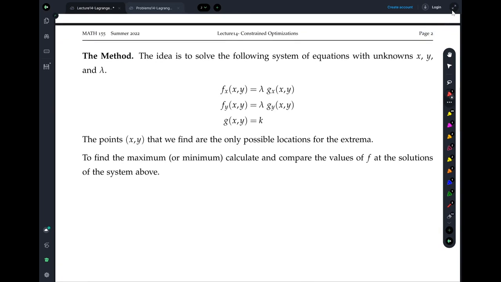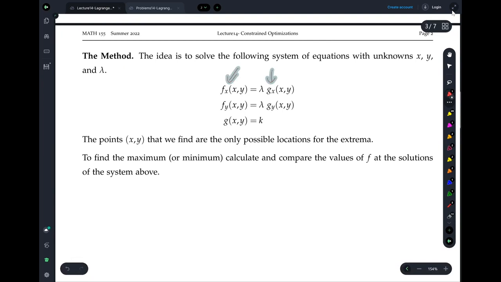So we can work out our grad of f and our grad of g, and those are just composed of our partial derivatives. Okay, so we know that the partial of f with respect to x is going to be lambda times the partial of g with respect to x.